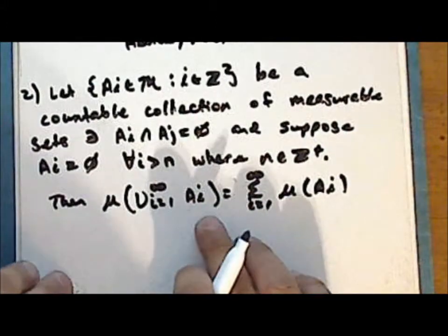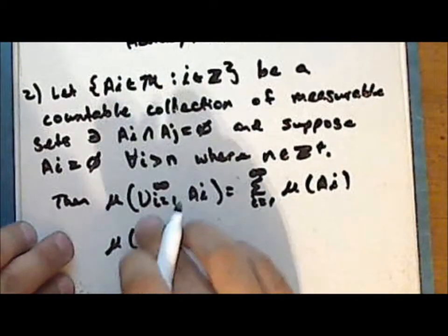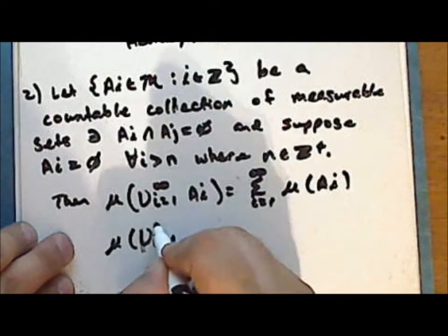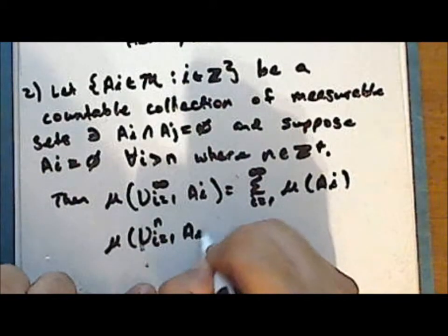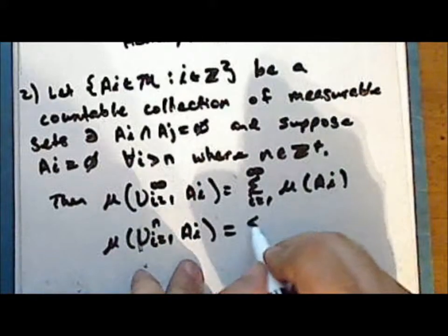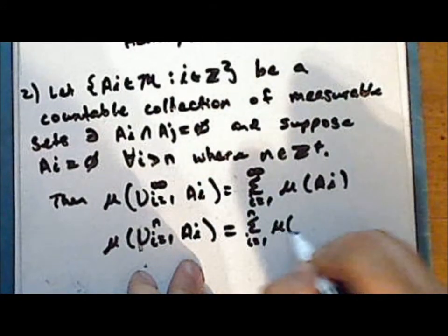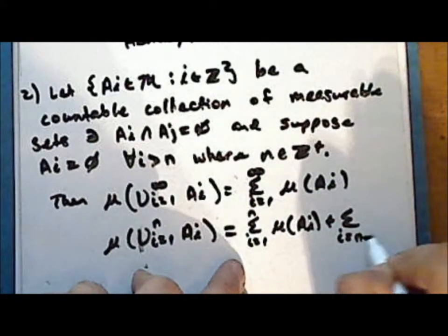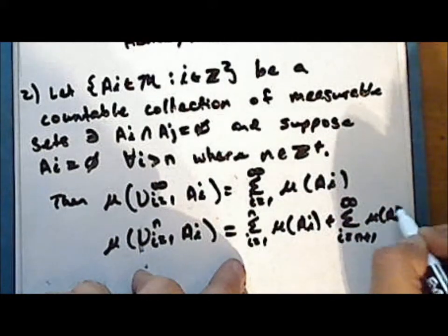And so the union is a finite union, and that is the union from i equals 1 to some finite number n, which is a positive integer, of the sets A sub i. And we can rewrite this sum as well: the sum from i equals 1 to n of the measures of those sets, plus the sum for the index i equals n plus 1 to infinity of the measures of those sets.